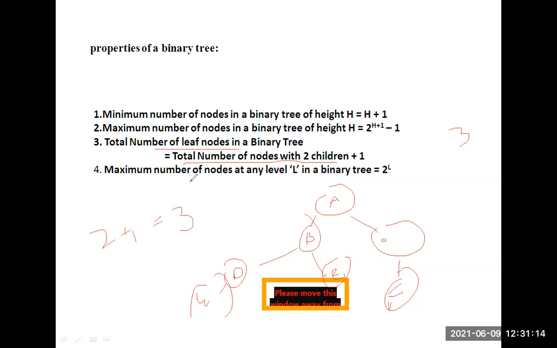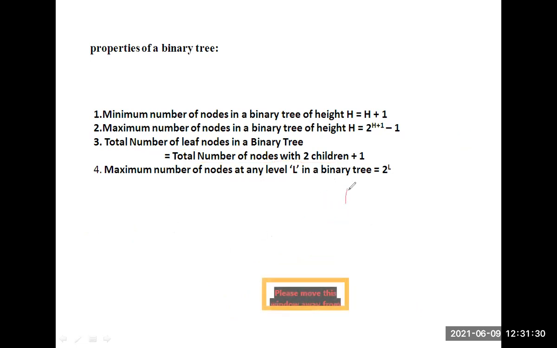Last one, the maximum number of nodes at any level L in a binary tree is 2 power L. So construct this example.